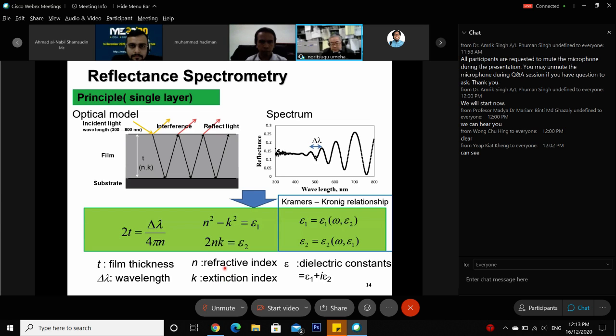And also we can get the dielectric constant from these n and k values. So by using reflectance spectroscopy, we can get the optical properties of the topmost layer and the surface, such as n and k. So we can estimate the material from n and k.